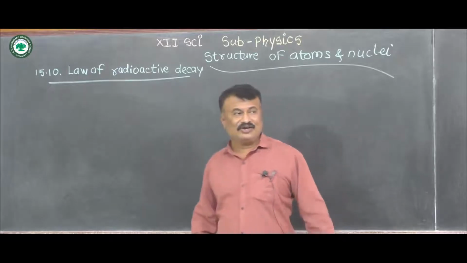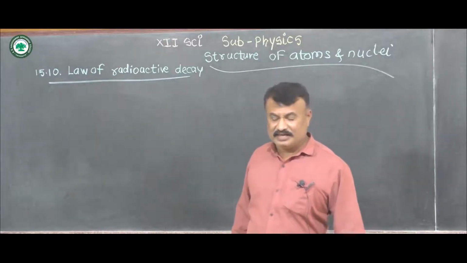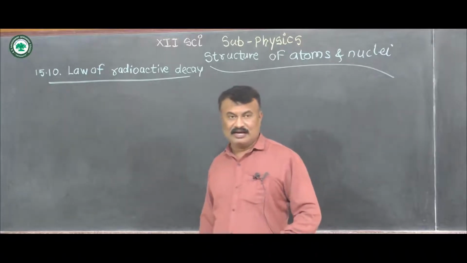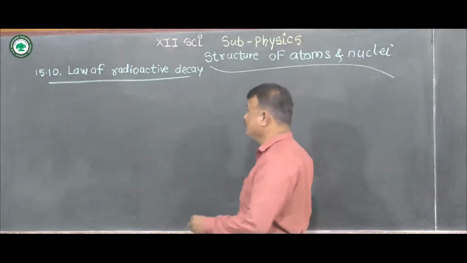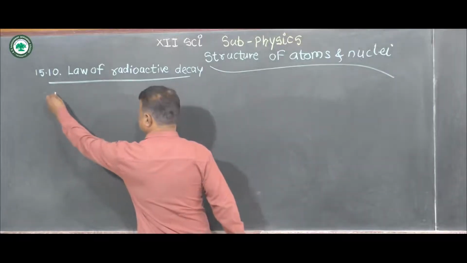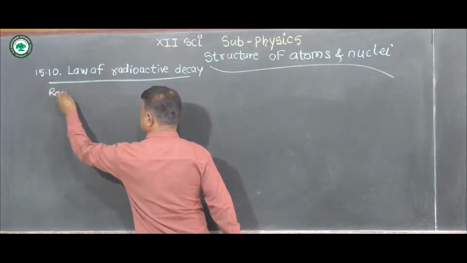So what are the radioactive materials? The materials which undergo alpha, beta or gamma decays. Such materials are called radioactive materials. So remember again, what are the radioactive materials?